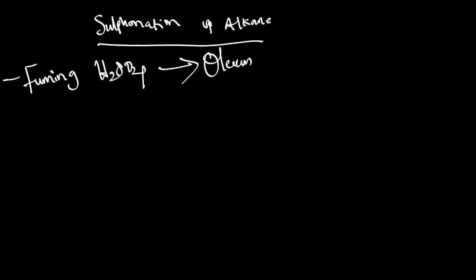Oleum simply comprises H2SO4 plus SO3. Therefore, the formula for oleum is H2S2O7. You get? So when an alkane reacts with oleum, or we can just say fuming H2SO4, a reaction occurs, right? It forms alkane sulfonic acid.